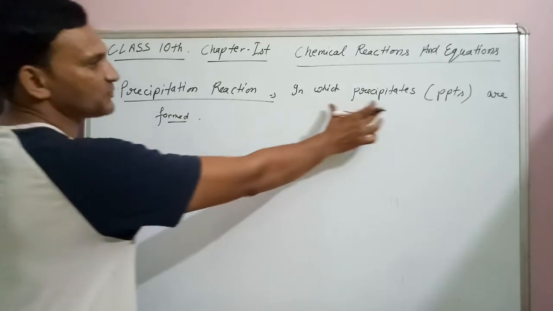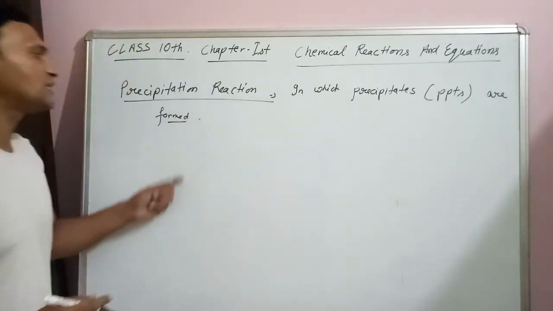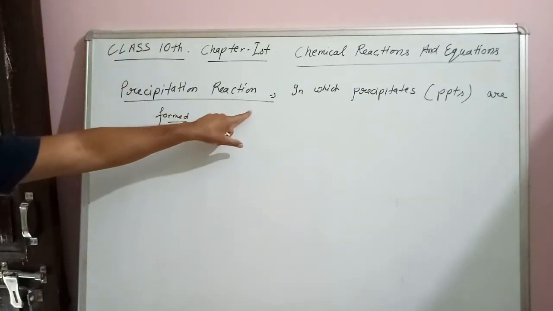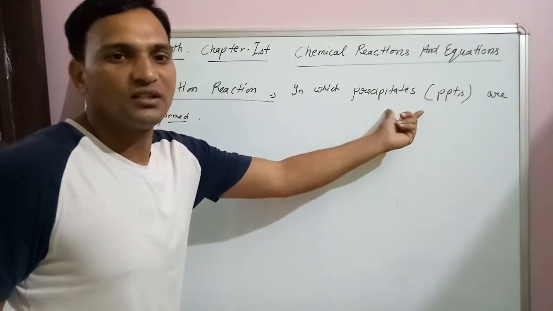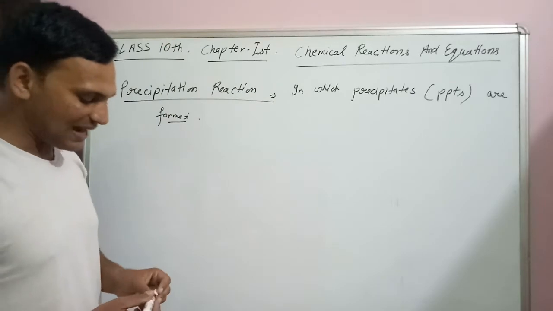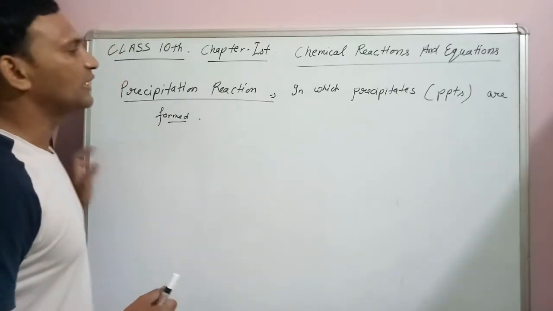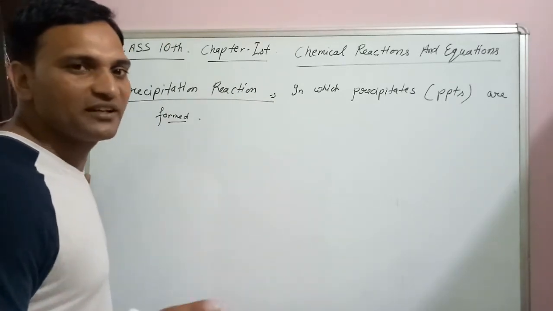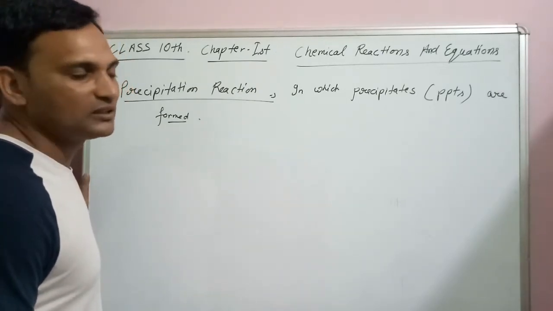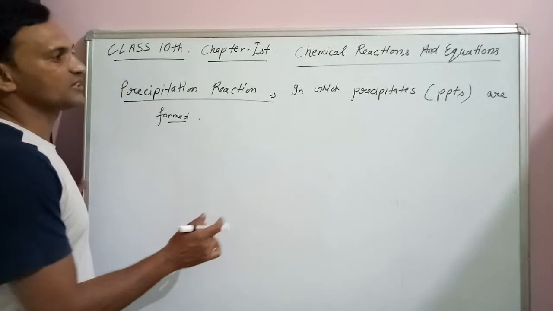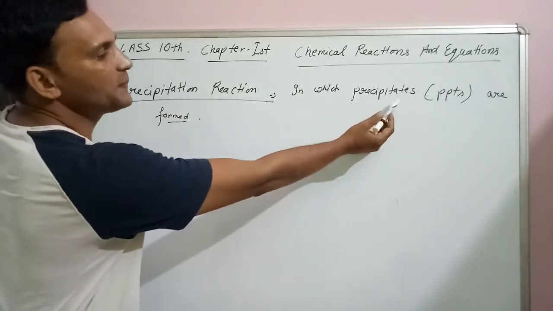So reactions in which precipitates are formed are known as precipitation reactions. Precipitates are solid substances. So when we add the reactants, they form precipitates with the products. So during the formation of the products, the substances formed are precipitates.